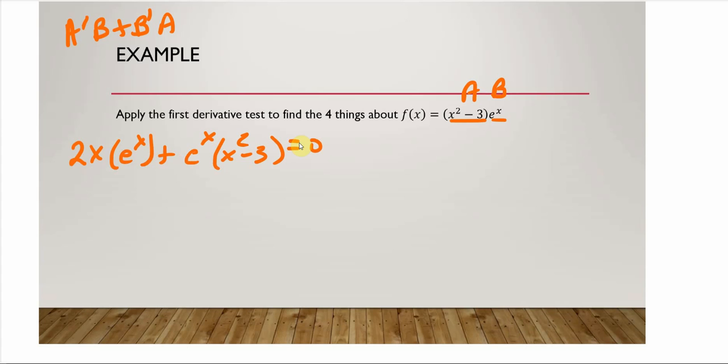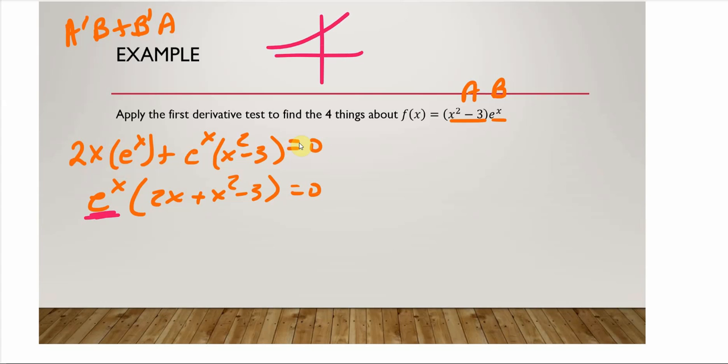So that's going to be my second step. My third step is solve for it. They both have an e to the x, so I'm left with 2x plus x squared minus 3 equals 0. And here's where a lot of students get confused. They think that this guy will be equal to 0. And e to the x, if I sketch it, e to the x will never ever be 0. Make a note, all right?